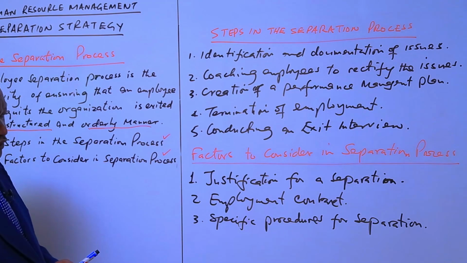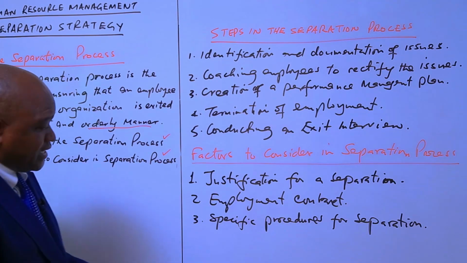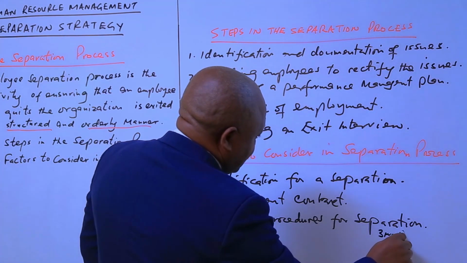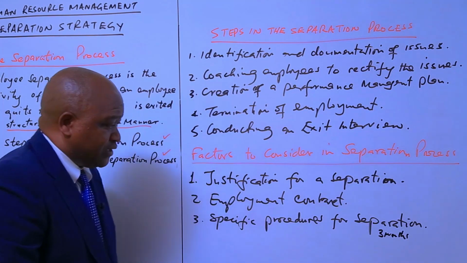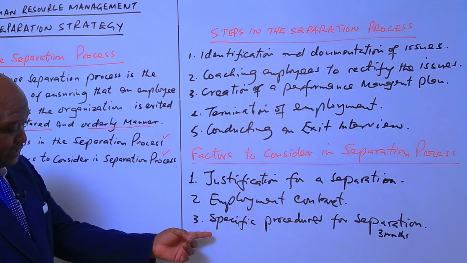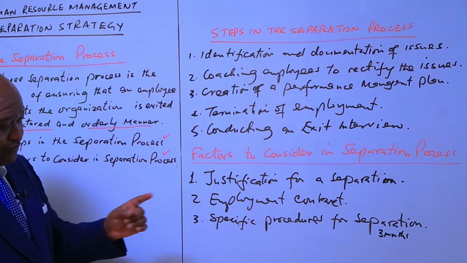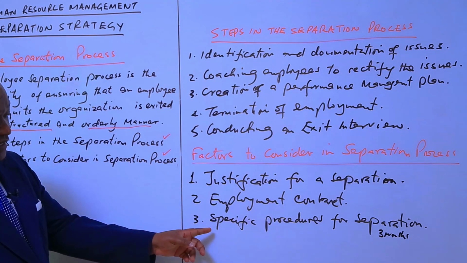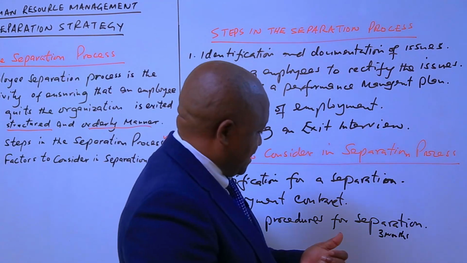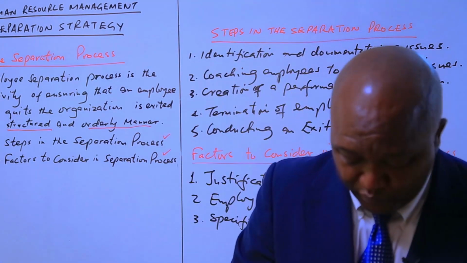Two employees could be employed on the same day, but one, depending on the level, such as a supervisor, may require that the employer gives 3 months notice prior to the separation. If that is the requirement, then the procedure to be followed in relation to that employment contract is a very important factor, to ensure the separation is done based on the specific procedures that the employer and employee have agreed.